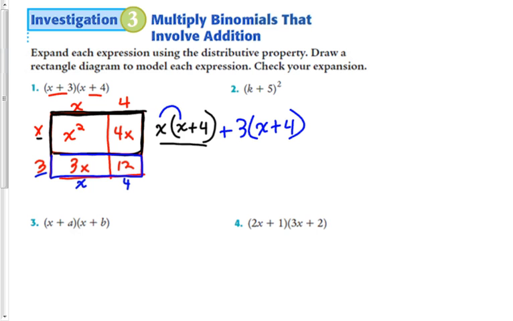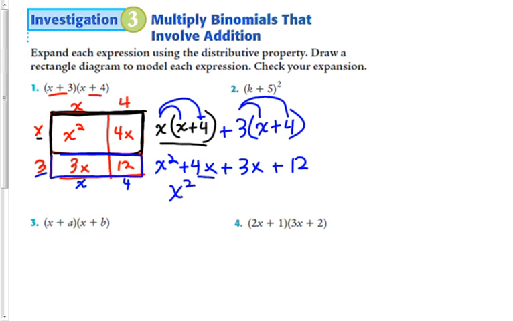And so I'm going to do x times x, x times 4, 3 times x, and 3 times 4. And I'm just going to combine the 4x and the 3x to make 7x. And that's how you use the distributive property.